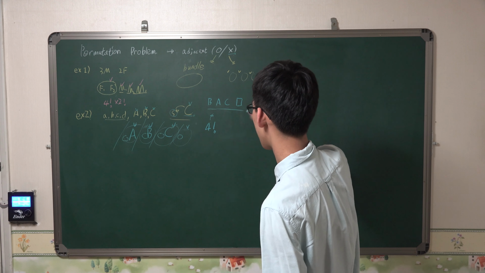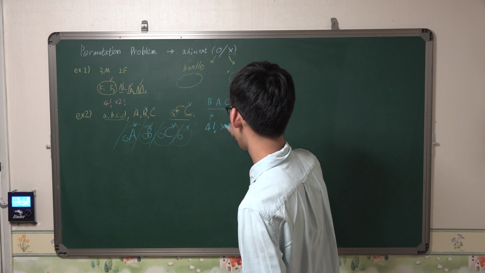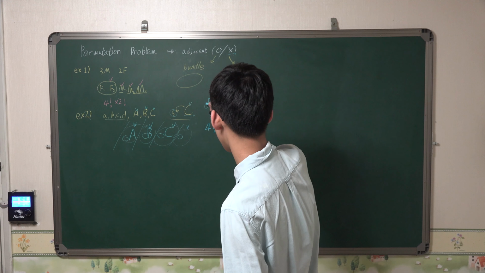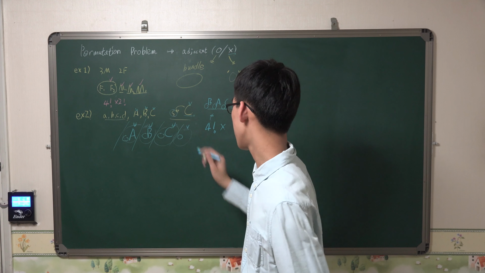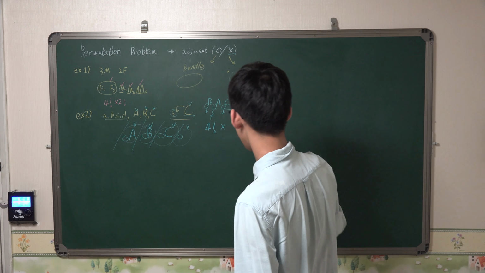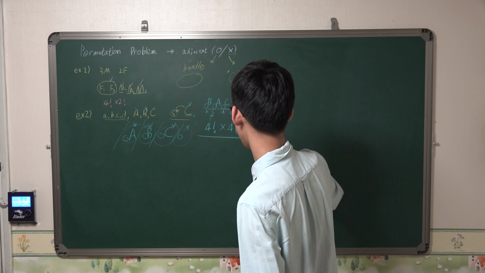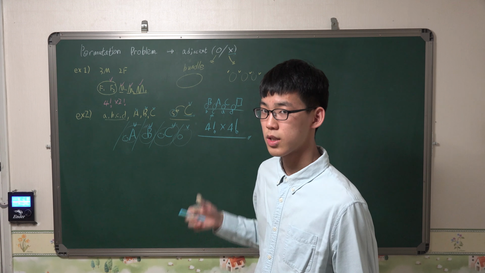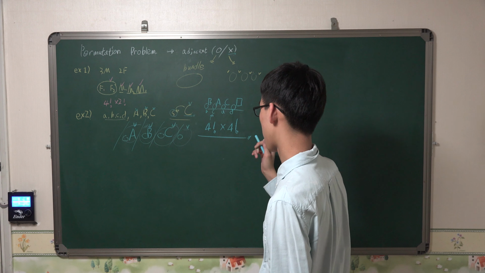Okay, we list it, and then we multiply by the small characters, which we did not list yet, a, b, c, d. For example, B, C, A, D. So the answer for this number of cases is 4 factorial multiplied by 4 factorial.